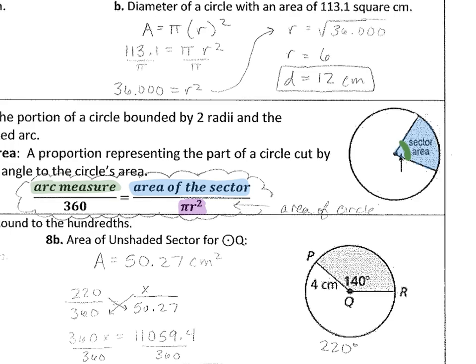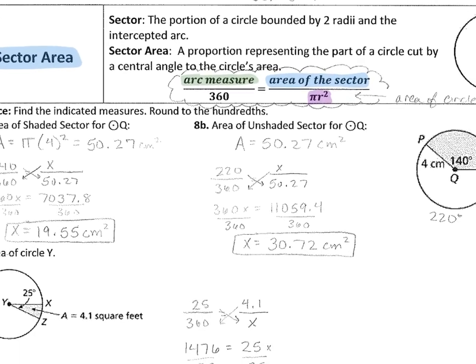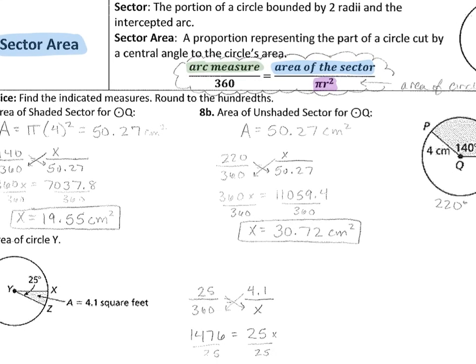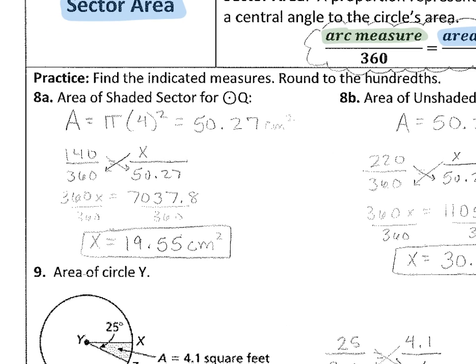So if we look at the problems here for this one, again, we are going to cross multiply to solve. Just like before, before I start the proportion, I had to actually find that area. So we take a second to find area since that goes in my formula. The area of this circle, that is off screen right now, is 50.27 centimeters squared.